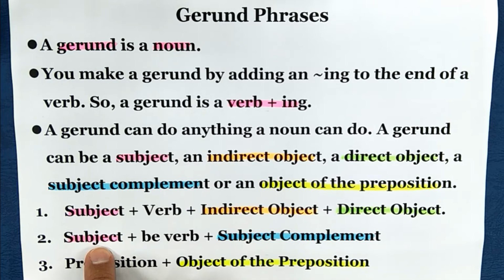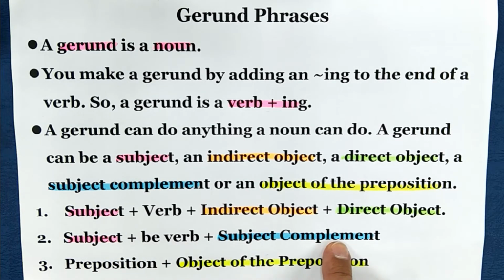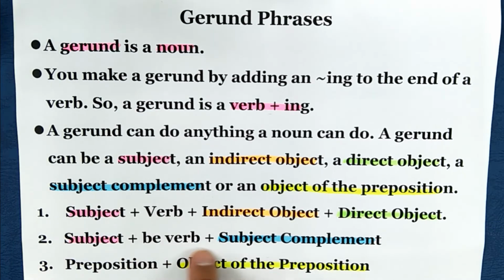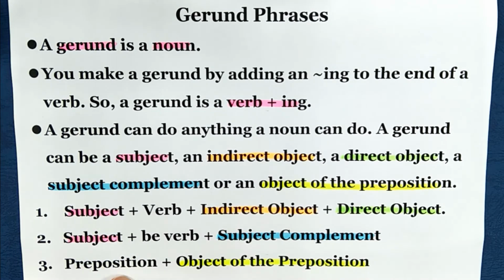Sentence 2, another easy English sentence to use. Subject plus be verb plus subject complement. We can use a gerund as a subject. We can use the gerund as a subject complement. And now we have a preposition. The preposition is always followed by a noun.